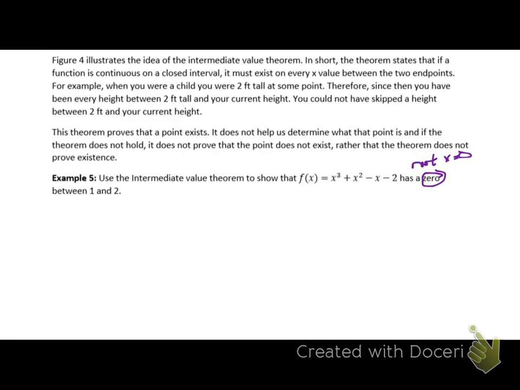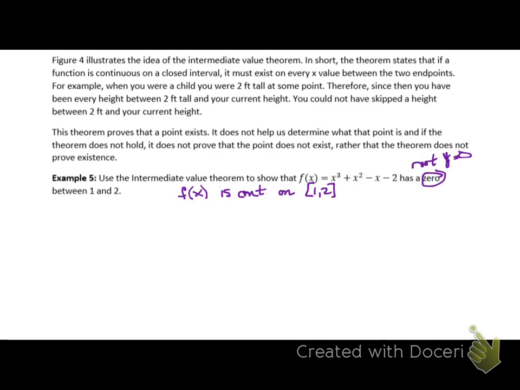Because remember, that's where it touches the x-axis between 1 and 2. Now the first thing you have to show is that f of x is continuous. Well, it's a polynomial, so f of x is continuous everywhere. So we can say f of x is continuous on the interval 1 to 2, which is all we're worried about.